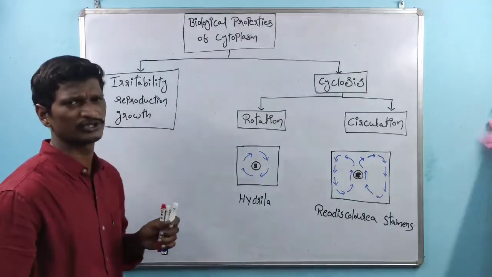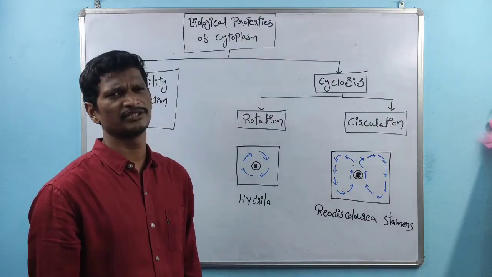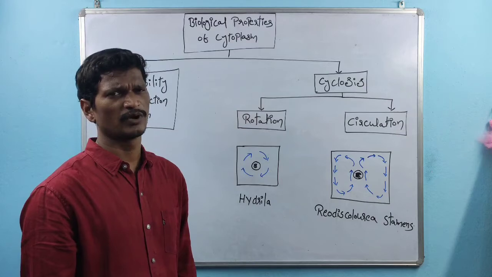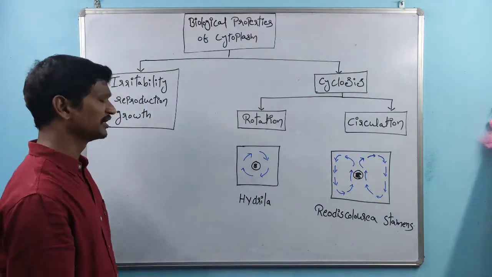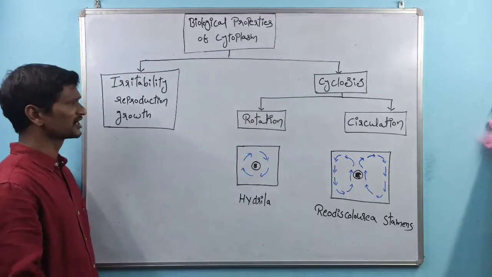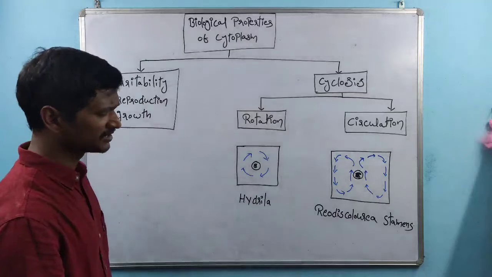And coming to growth, growth increases the height, in human beings the height of the person, and in plants the height of the plant. Growth is related to the mitosis process. Mitosis increases the number of cells, which is nothing but cell division, and cell division also requires the cytoplasm.